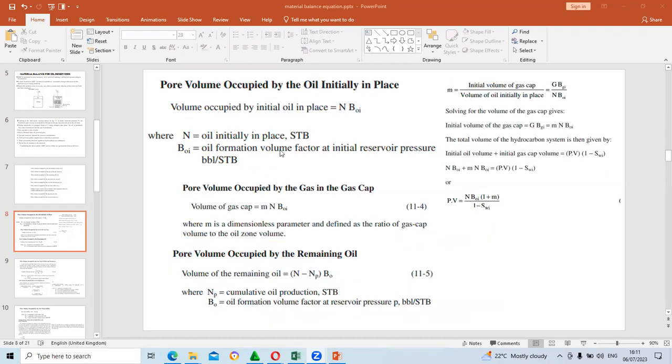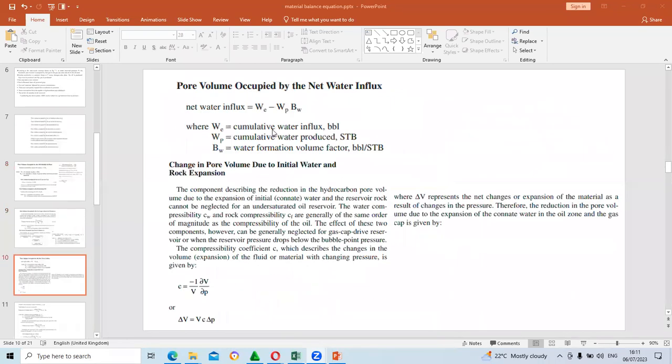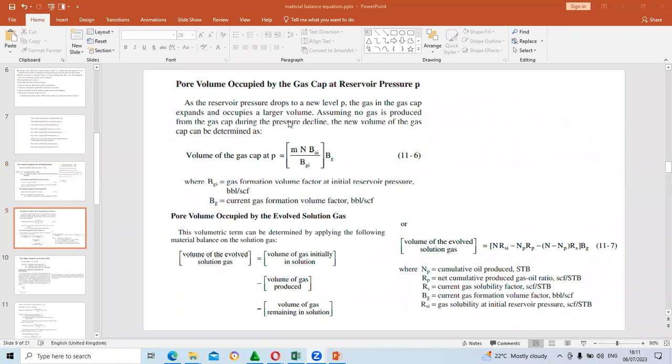But now, in this case, we are looking at the pore volume that is occupied by the gas after the pressure must have dropped to a particular value. So that volume now of the gas cap gives us this volume that was initially in place divided by the initial. We are talking about the volume initially in place. Remember, please.